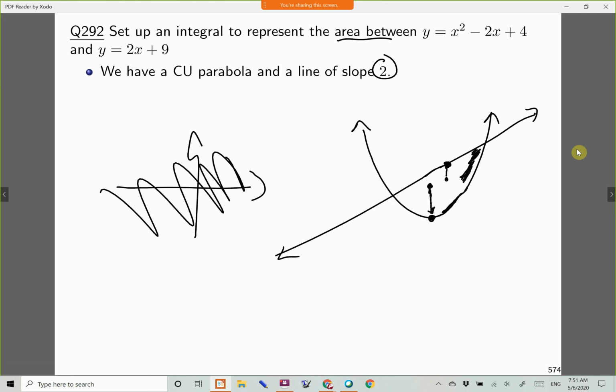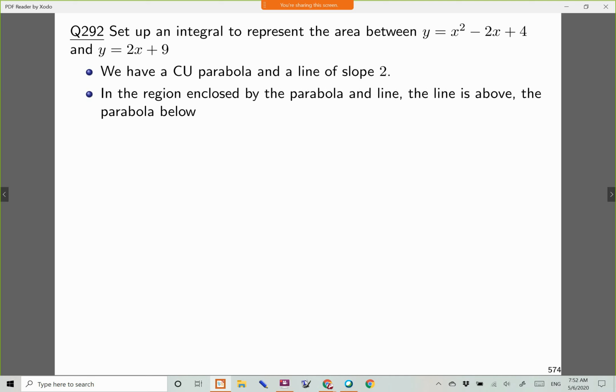Had we been talking about this region over here, that would have been a different story. Then the parabola would have been the upper and the line the lower. But because we're talking about this enclosed region, the line is above and the parabola is below.